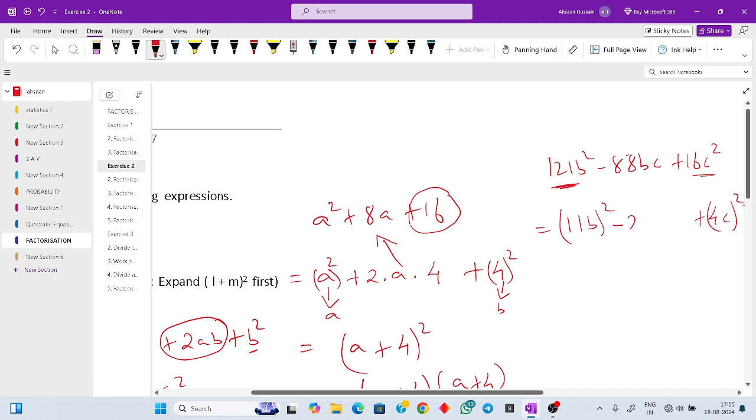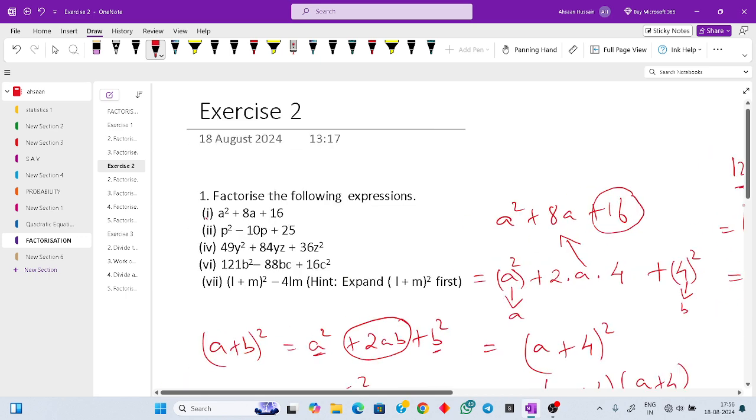In between, write minus twice ab, because a represents 11b and b represents 4c. So this comes in the form of a minus b whole square. So write a minus b whole square, that is 11b minus 4c, again 11b minus 4c.